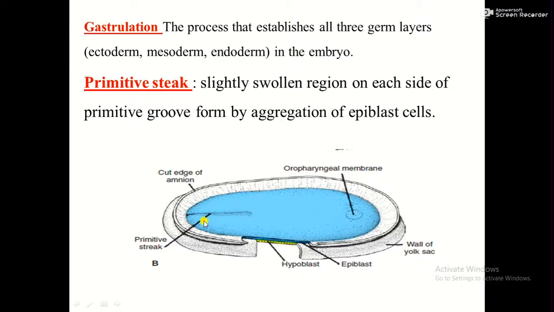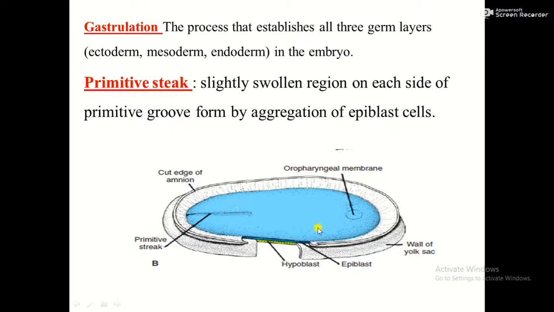Okay, so first of all we have a structure we call the primitive streak. Streak means a line. Okay, so this is the primitive streak, and this is the slightly swollen region on each side of the primitive groove, formed by aggregation of epiblast cells.